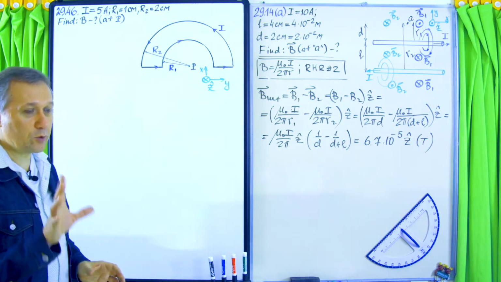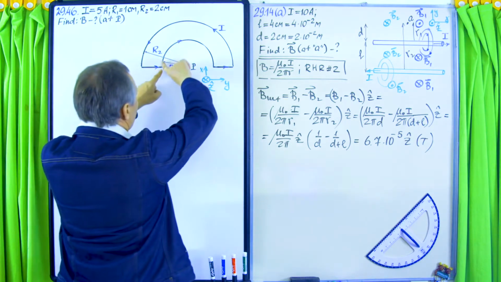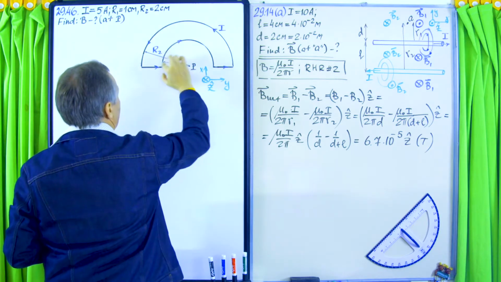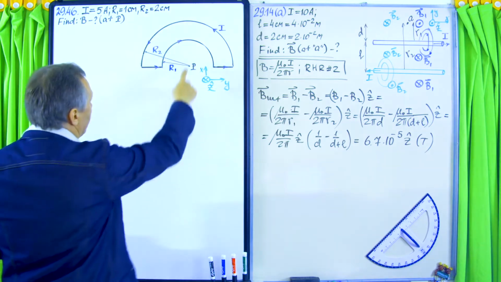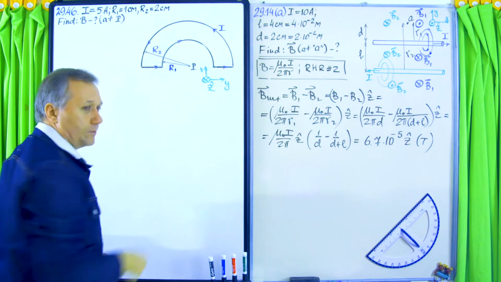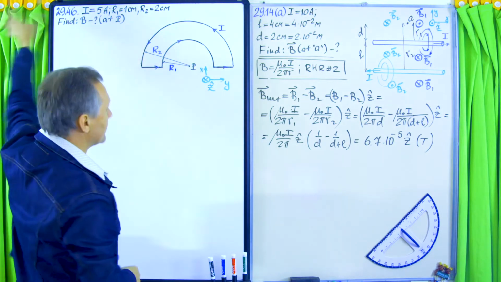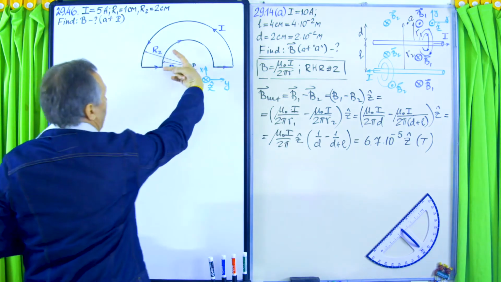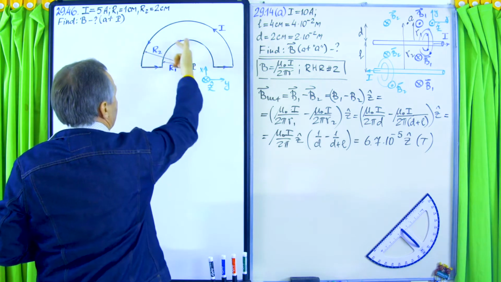In your homework, you're going to have a slightly different situation. First of all, you're not going to have this angle of 180 degrees. It will be a smaller section, I don't remember, like 60 degrees. Then this semicircle is going to have infinite radius. Pretty much this semicircle will just disappear. So you're going to have this part of the circle subtended by an angle of 60 degrees, and there will be this section, and that section will be here.